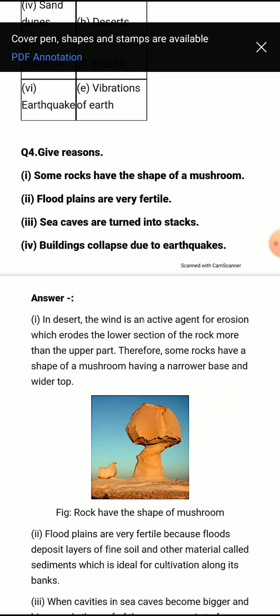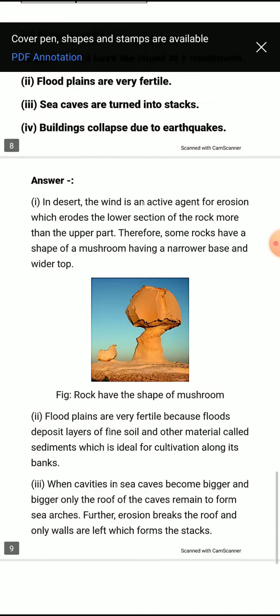Next question is about floodplains being very fertile. Why are they very fertile? We all know, we have done many times, whatever sediments are included in this flood, fine soil, it can be other material also, they spread only over the nearby area, or we can say the plain. So that's why it is very fertile. What is the answer written here?